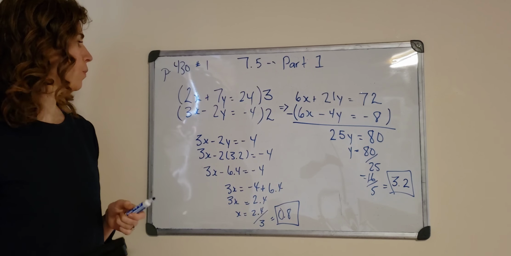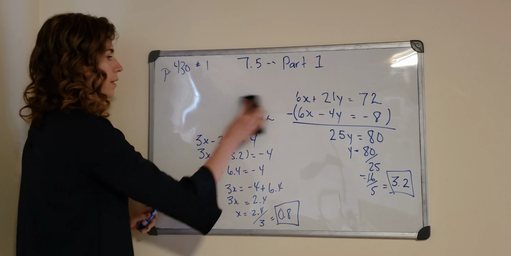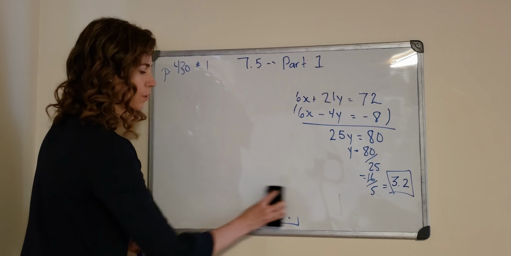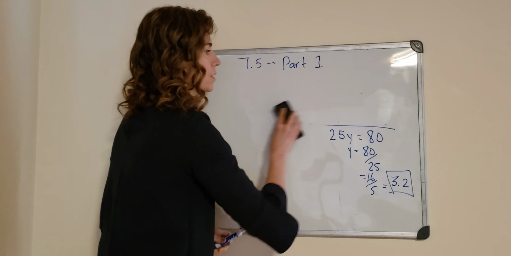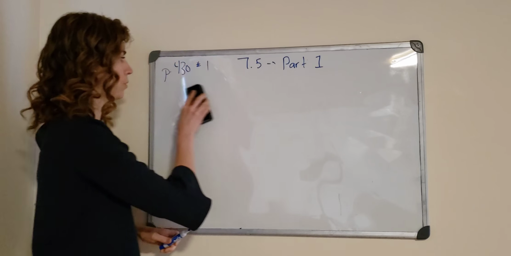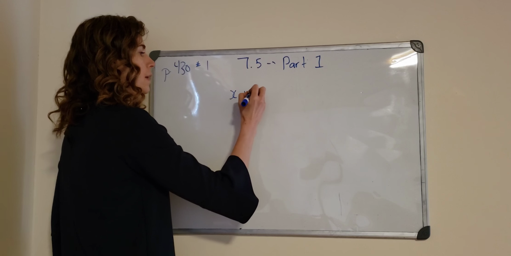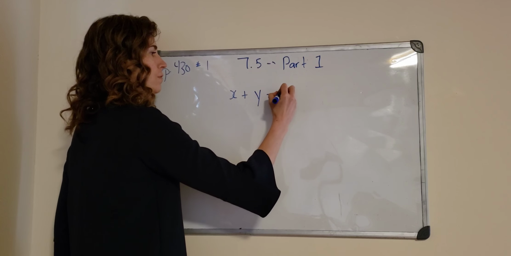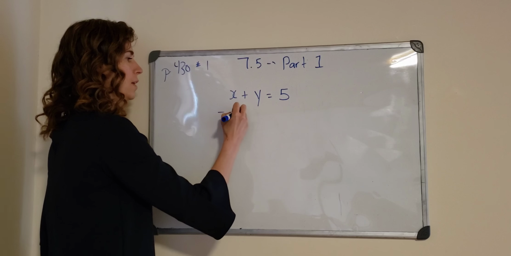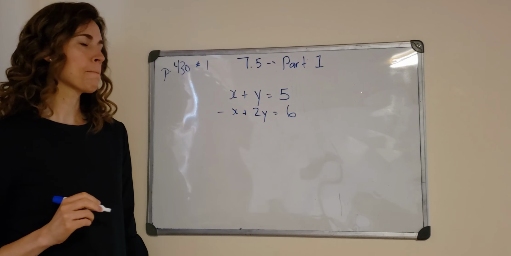Now I'm just going to show you one thing quickly as well that will help you. I've shown you how you can subtract if you had two equations. Let's say you had something like this. x plus y equals 5, and then you had negative x plus 2y equals 6, okay?